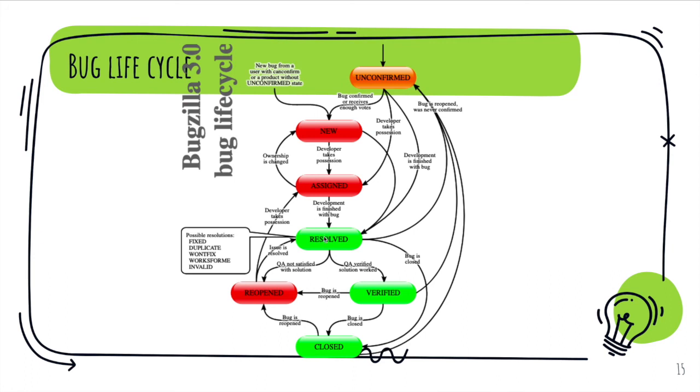In the resolved section there can be different conditions, like it's fixed, or maybe it is a duplicate, meaning the bug was already reported previously, or maybe because of some constraint we are not able to fix the bug, so it will be marked won't fix. Likewise there are a number of possible resolutions for the issues.